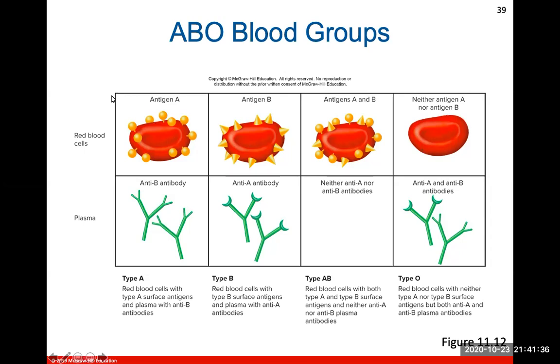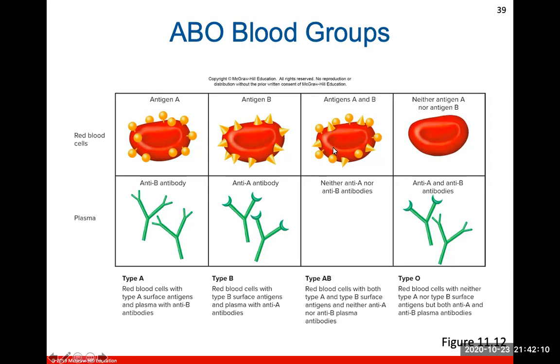This is a visual representation of the antigens on the surface of a red blood cell. And again, those antigens give the blood a specific name or a specific blood group. So if you're type A blood, you have the A antigen, and your blood plasma will make antibodies against the B antigen. If you're type B blood, you have the B antigen on the surface of your red blood cells, these little pointy triangles, and your blood plasma will make antibodies against the A antigen.